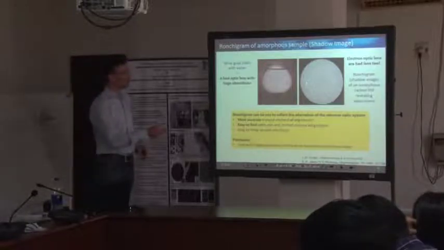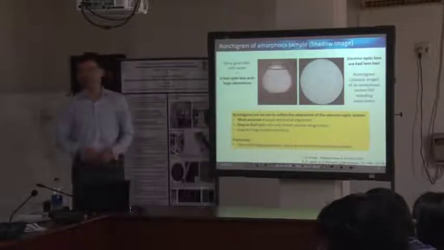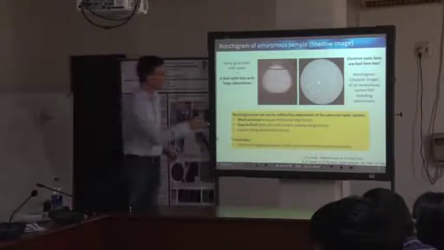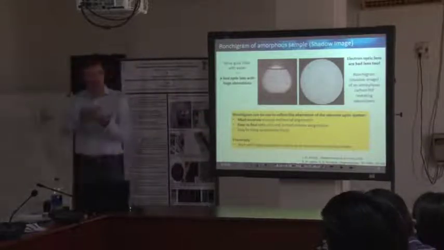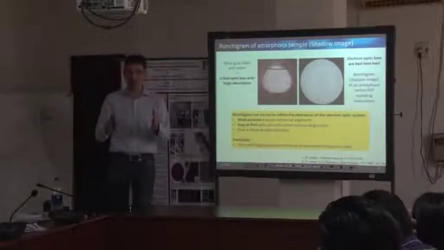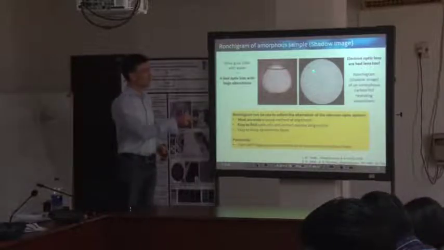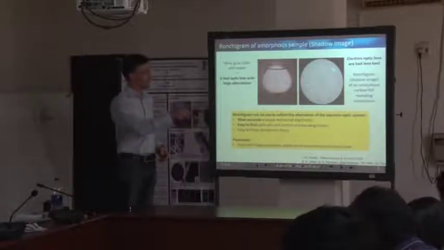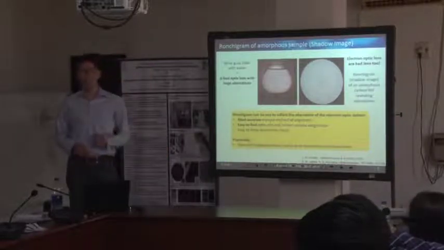And here it's already defocused, and in principle this is the shadow image of an amorphous sample. You just see some contrast in the center, which looks like a TEM image in parallel illumination mode of an amorphous material. And there's some weird contrast around, some streaking and some lines going around. This is due to the aberrations of the microscope.